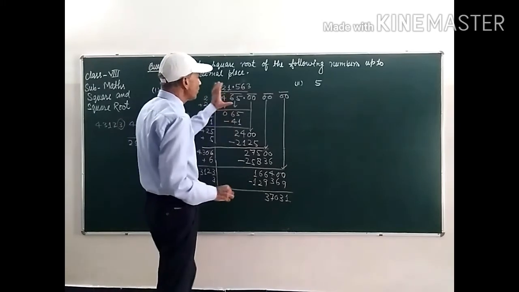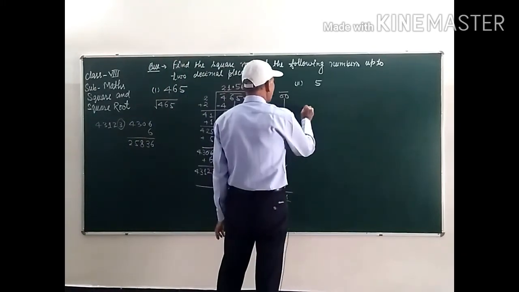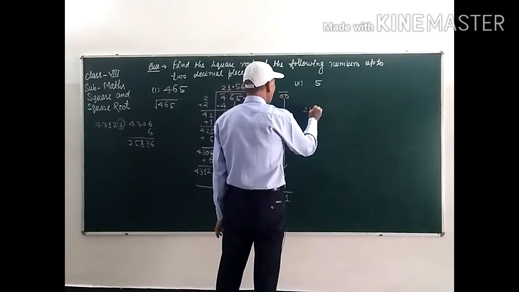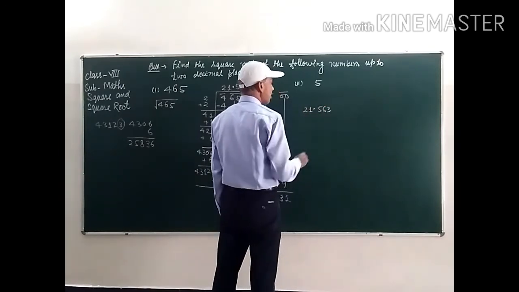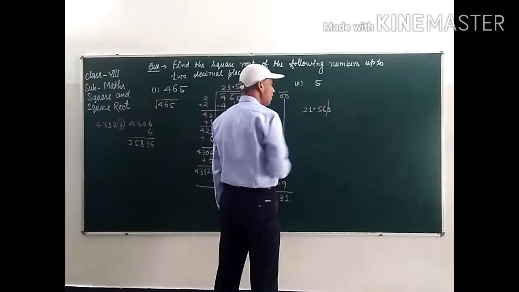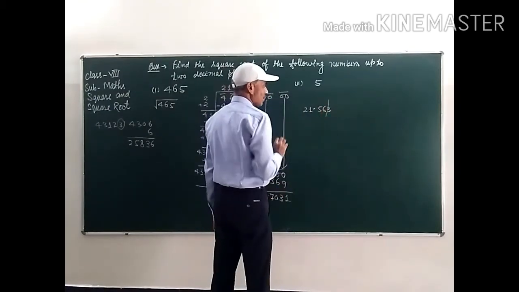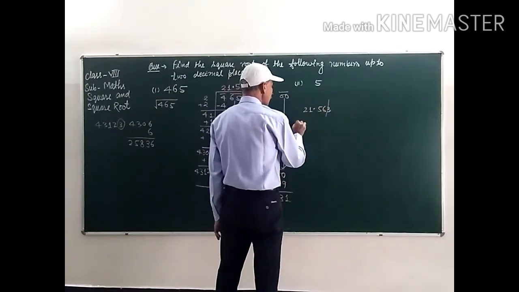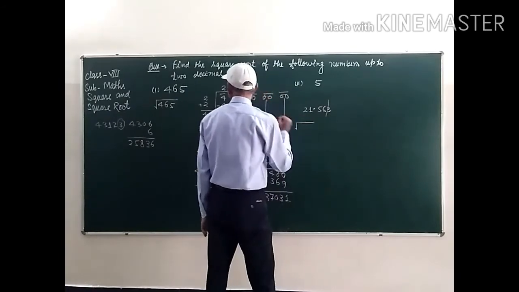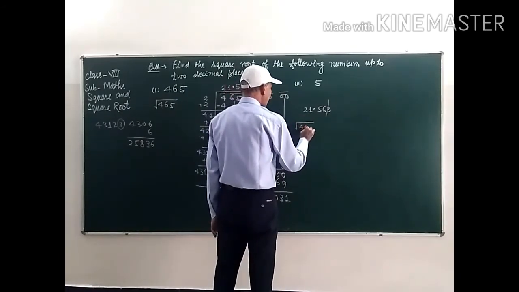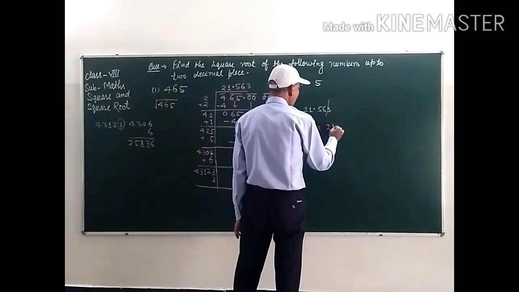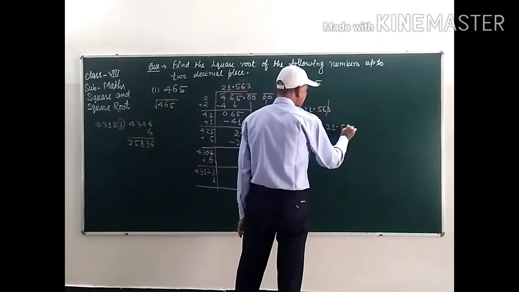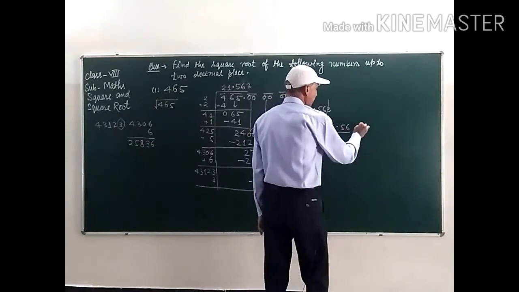And now this number is 21.563. 3 is less than 5, so you have to leave this number, and the square root of 465 is equal to 21.56 approximately.